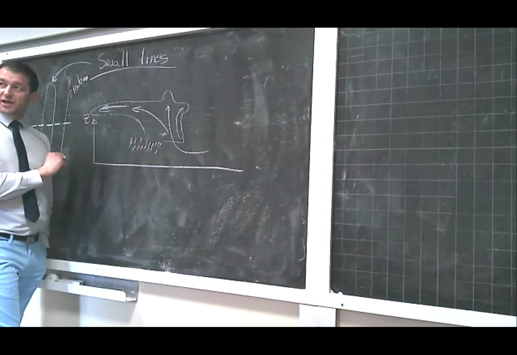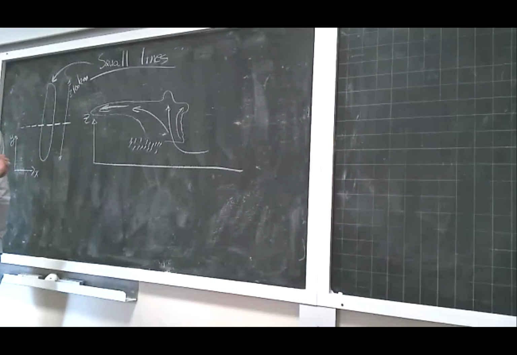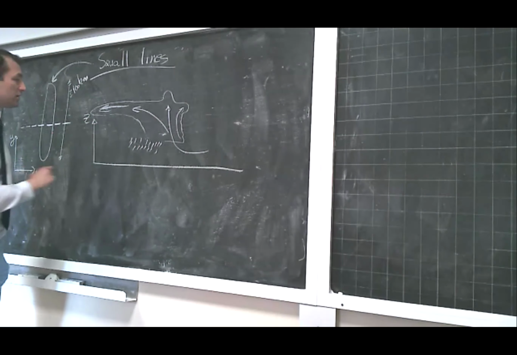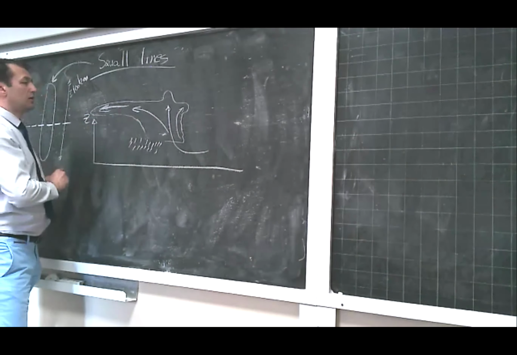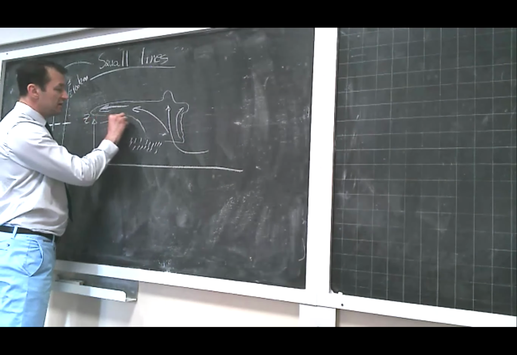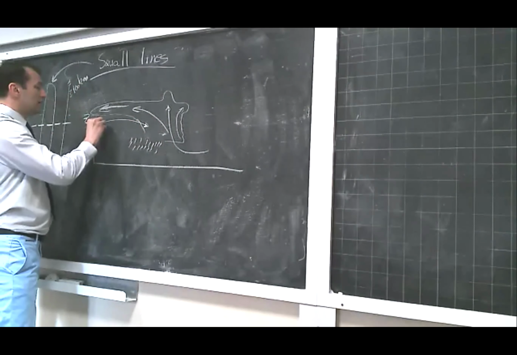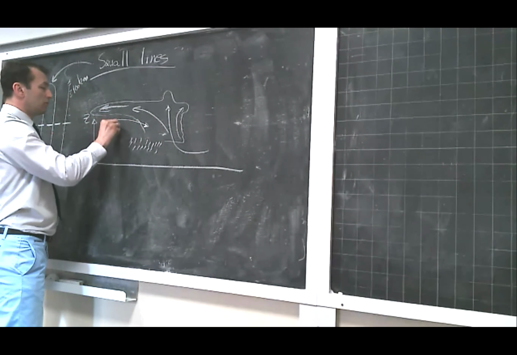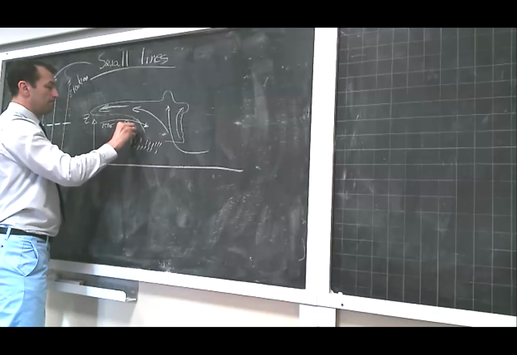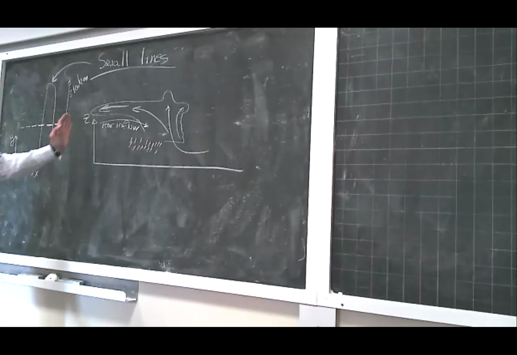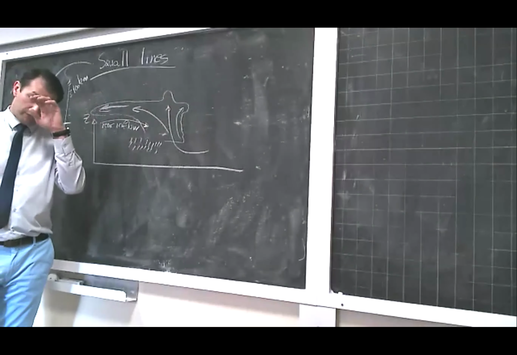I will now plot something without explaining, but then I owe you an explanation. In the mid-levels of this system, there is inflow into the storm, called rear inflow, or also sometimes rear-to-front inflow.